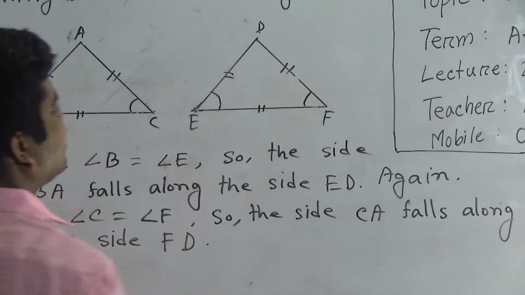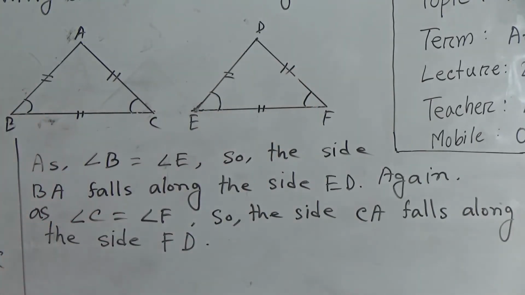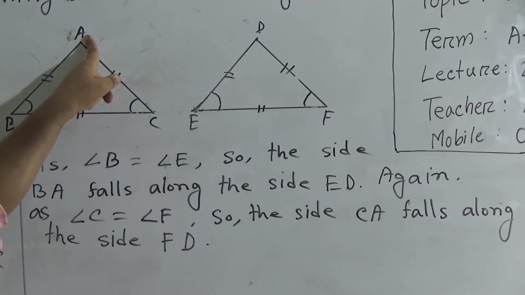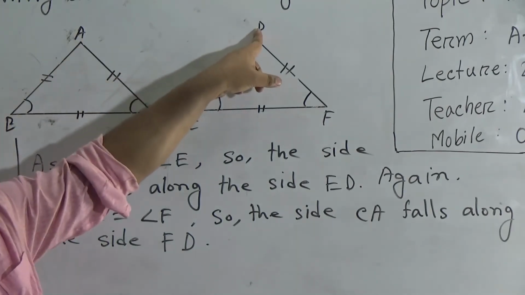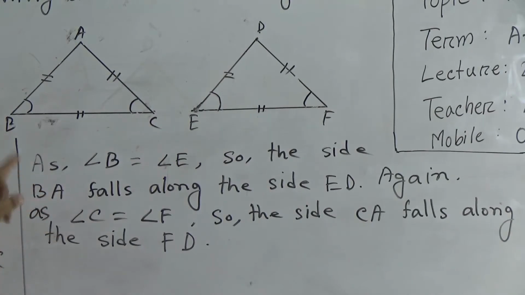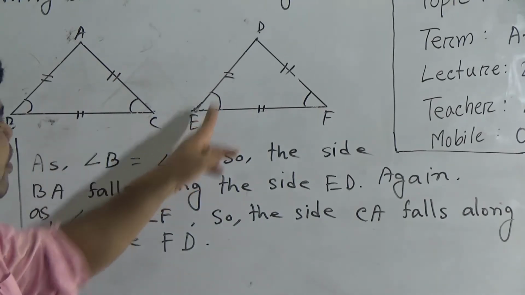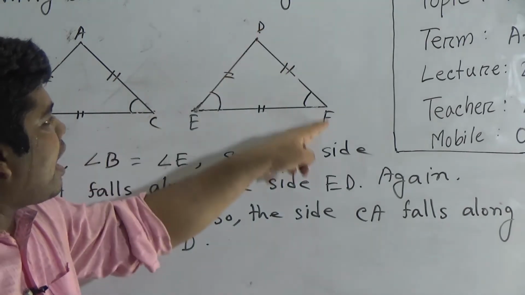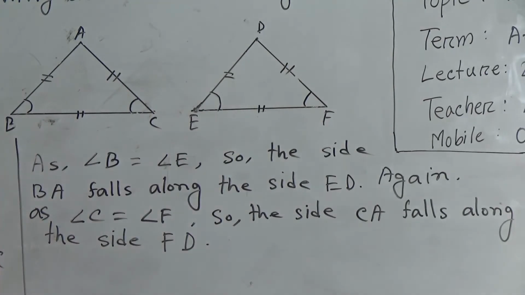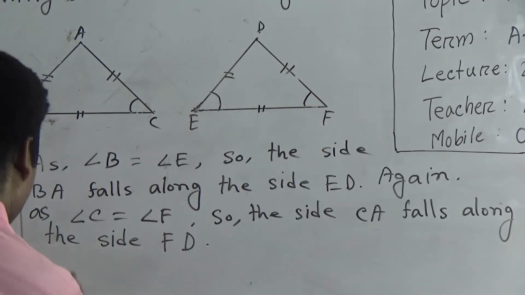DE and DF. I hope you have understood. That means this point A coincide with the point D. So we can say the common point A of BA and CA coincide with the common point D of ED and FD.